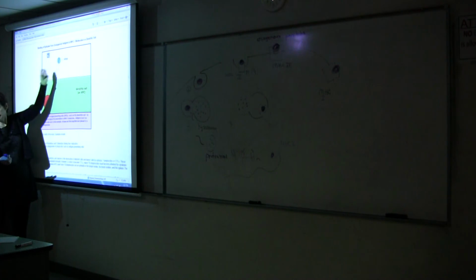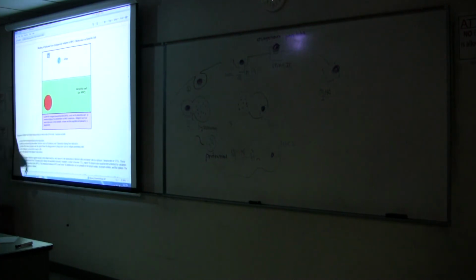Here's the virus, okay, and this is the lysosome. So it's undergoing phagocytosis. That's what the APC cells do. It's then going to fuse with the lysosome.